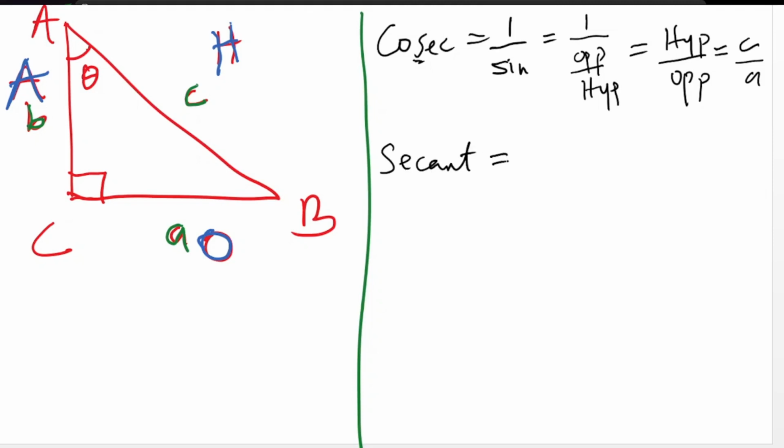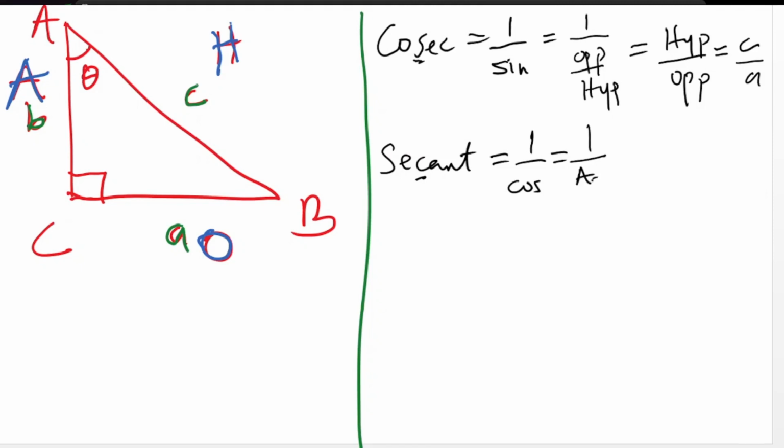All right, which is secant. For the second, which is secant, you can see the third letter here is C, which is cos. That is 1 over cos. And the cos is adjacent over hypotenuse.